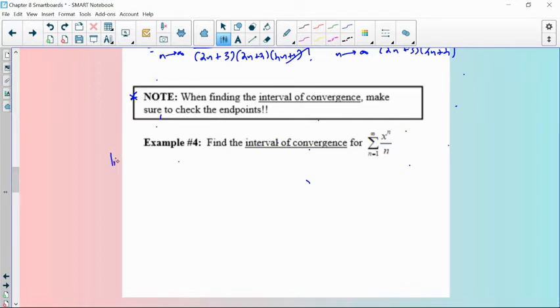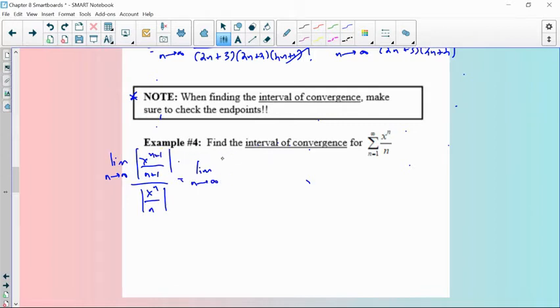So limit as n goes to infinity of x to the n plus 1 over n plus 1, then divide by x to the n over n. And I'm choosing the ratio test because as long as that's less than 1, I'm guaranteed convergence. So I just like to practice that one. You can see the geometric series would have worked as well.